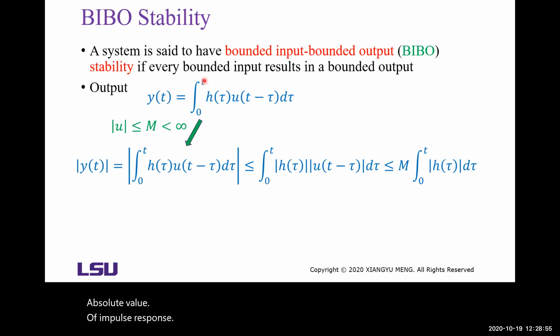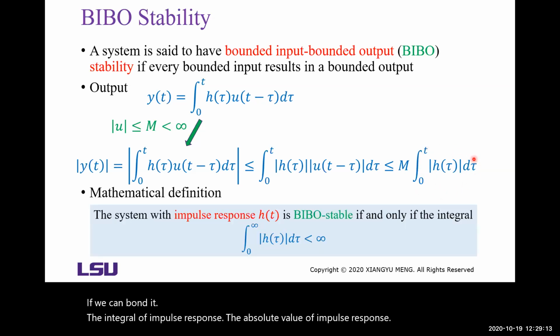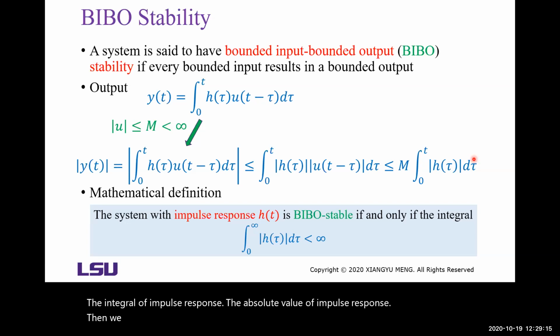Therefore, to have a bounded output, we need to bound the integral of the absolute value of the impulse response. Then we have a mathematical definition.